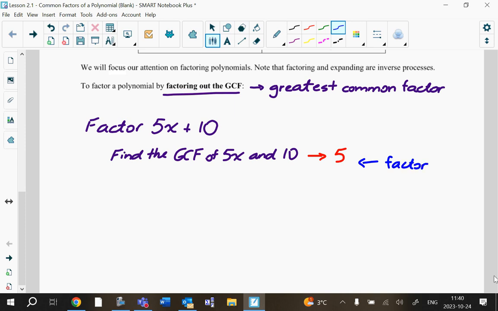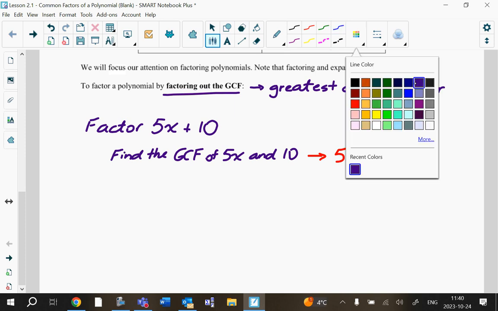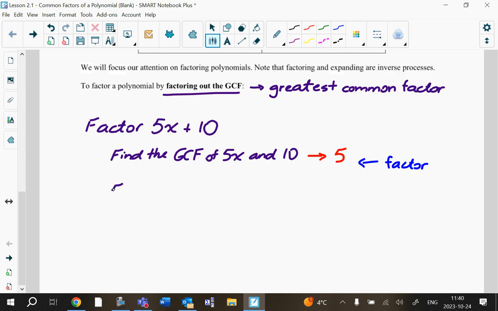How do we find the other factor? How did I find the one in parentheses? Well, we take the original, 5x plus 10, and we divide by the GCF. What's 5x divided by 5? x.